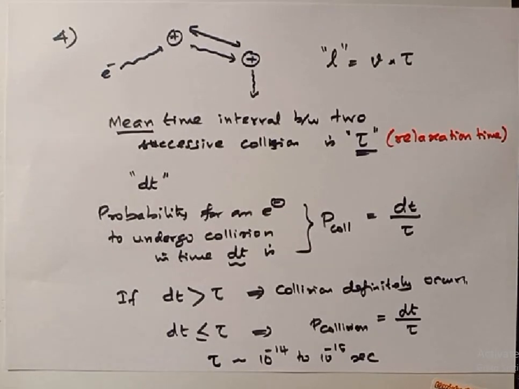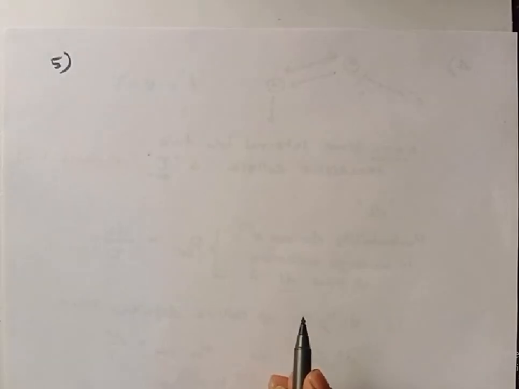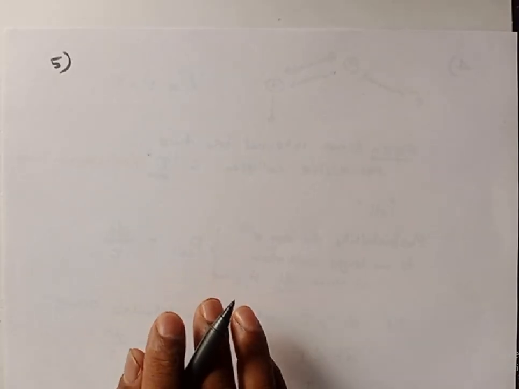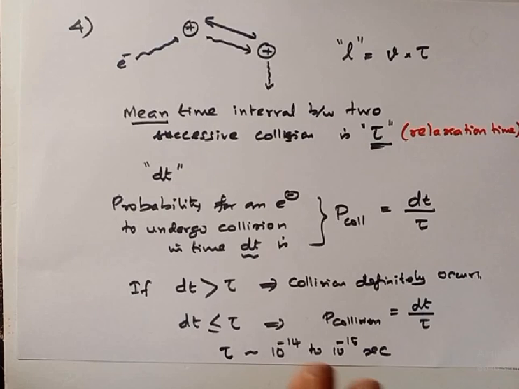It is the average distance traveled by an electron between two successive collisions. Next point, number 5: I have given information about probability of collision. These are all the essential points you should keep in mind.